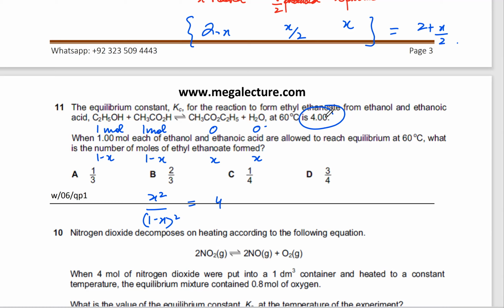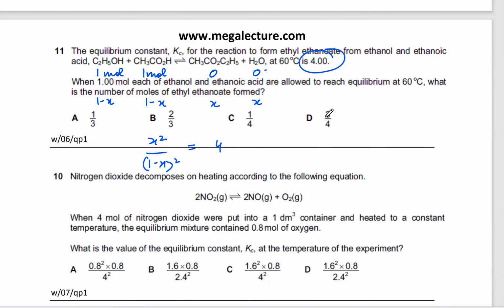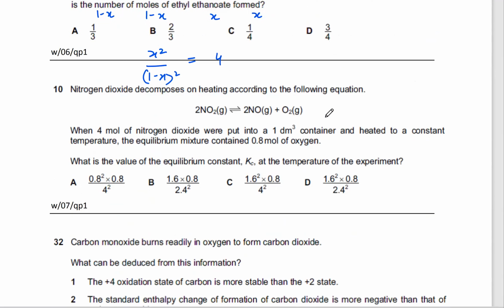I got 2/3. Okay, so x is 2/3. That's fine.